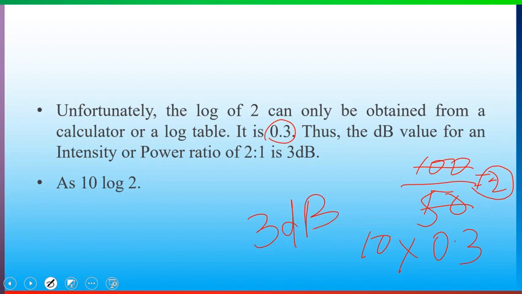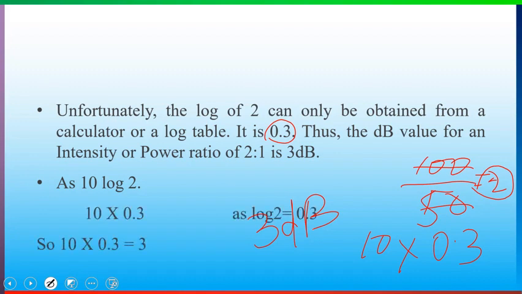So any change that occurs by a factor of 2 in intensity and power will be equal to 3 decibel, whether it is an increase or decrease. If there is any decrease in intensity by a factor of 2, then it will be minus 3 decibel, and if there is any increase in intensity by a factor of 2, that will be plus 3 decibel.